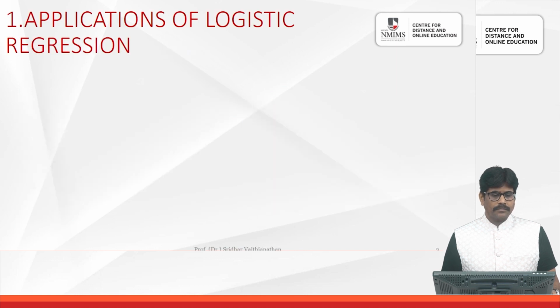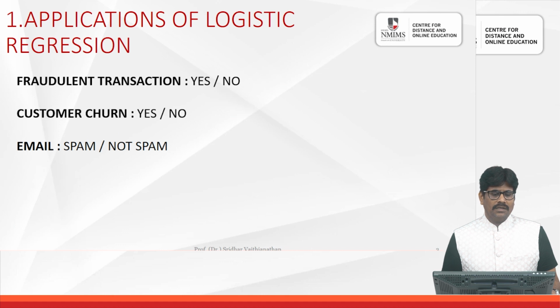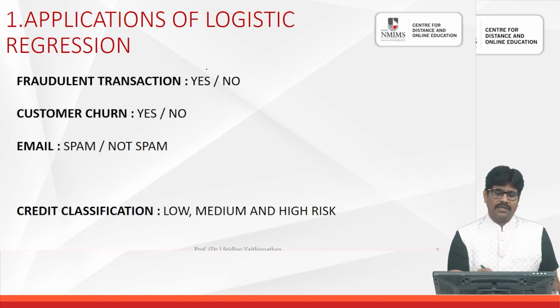Moving on, what are the applications of logistic regression? These are some of the things that you might have come across. Say, for example, there is a financial transaction going on, and I want to understand whether it is a genuine transaction or a fraudulent transaction. So yes or no. Yes means it's a fraudulent transaction and no means it's a non-fraudulent transaction.